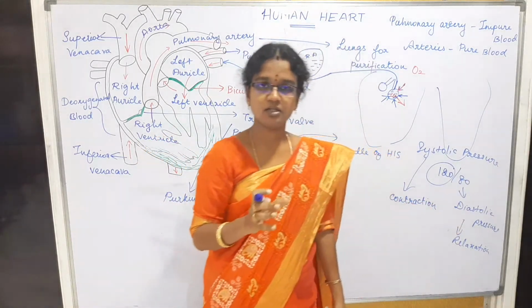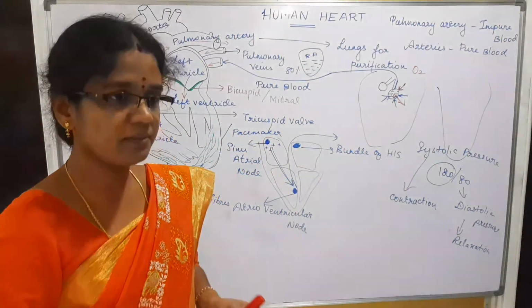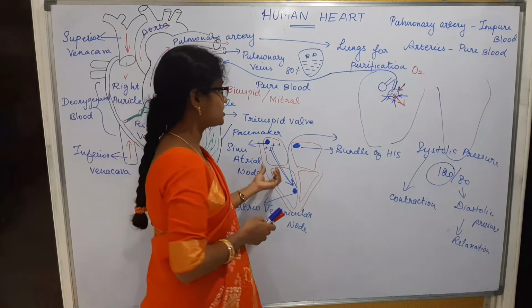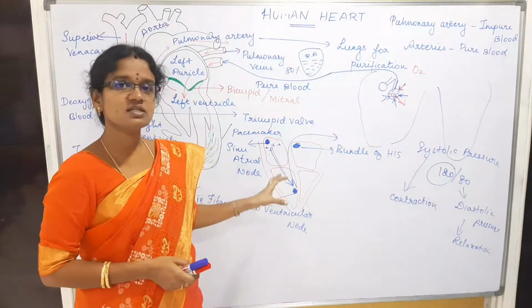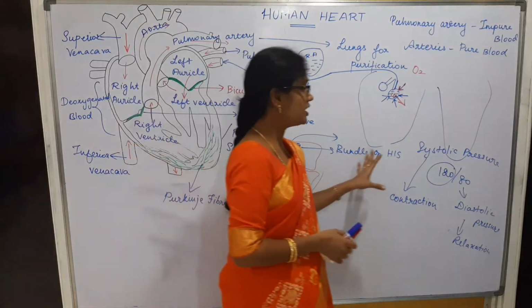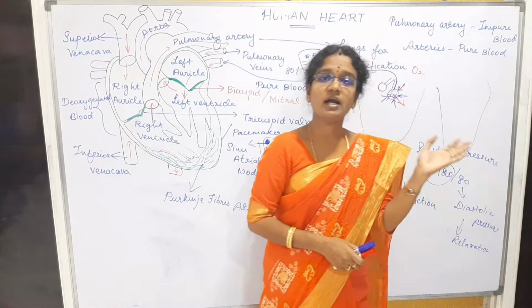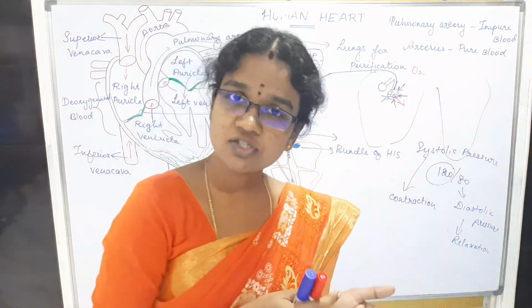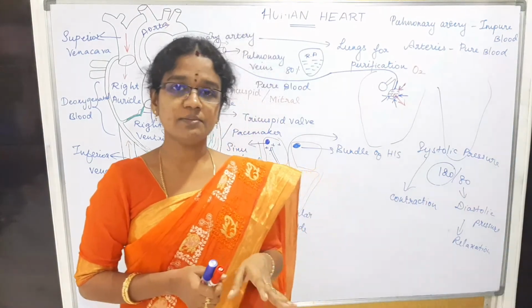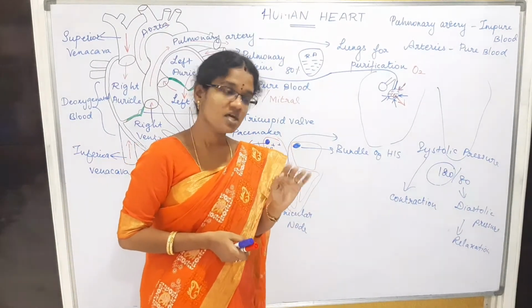If a human being has a lot of stress or any problem regarding the valves, like blood clots or fat clots, the diastolic and systolic pressure vary. From this we analyze whether the person has hypertension or hypotension, that means high blood pressure or low blood pressure. Right, students? Okay.